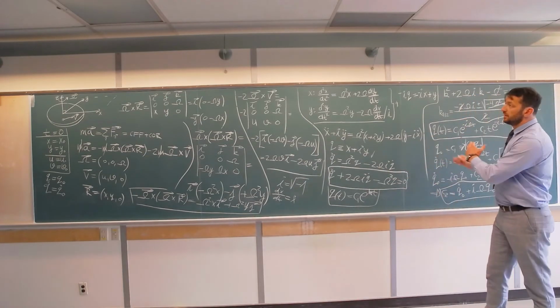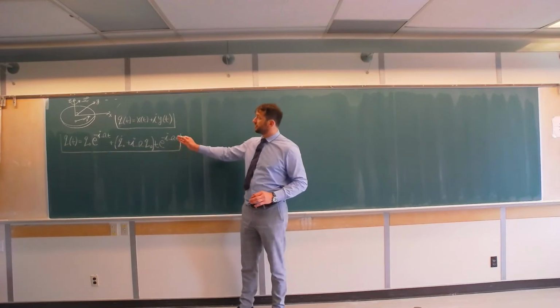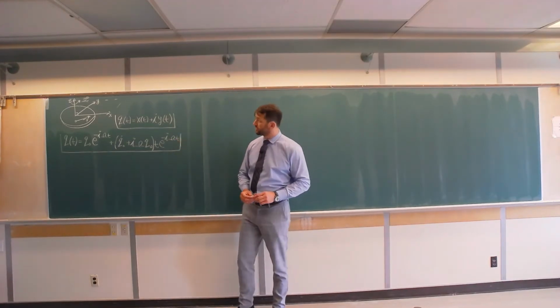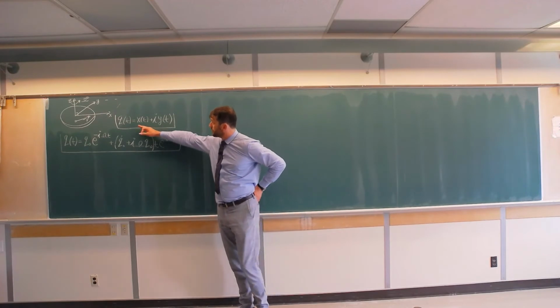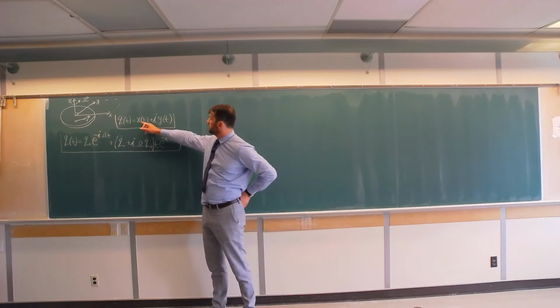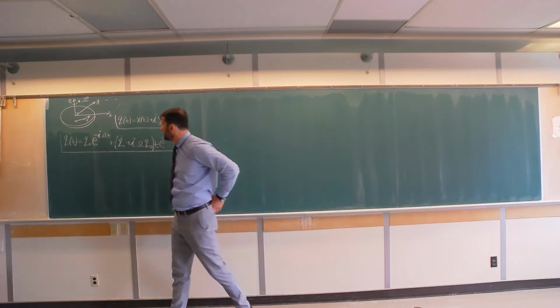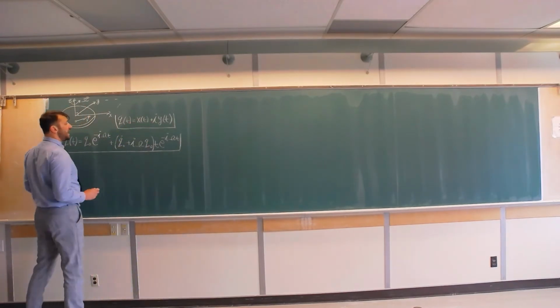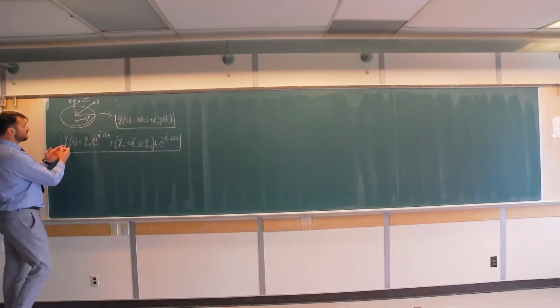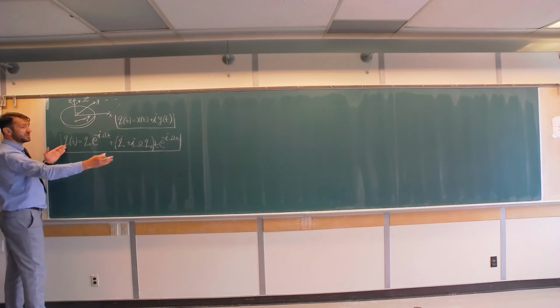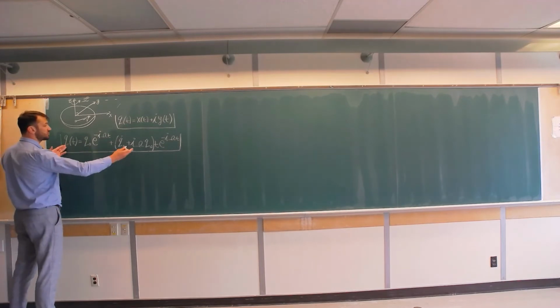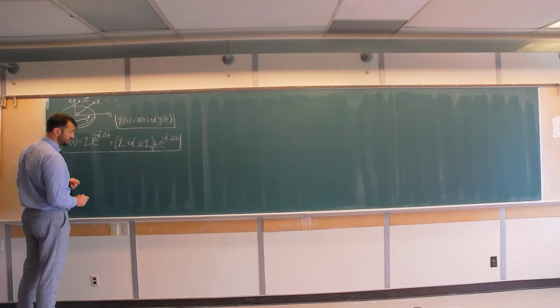I will do that after I erase the blackboard. So this is where the derivation in the previous part of the video finished. We have our variable q that is identically equal to x plus iy, and everything is a function of time. And that variable was in a differential equation that has this solution. We just found these coefficients.